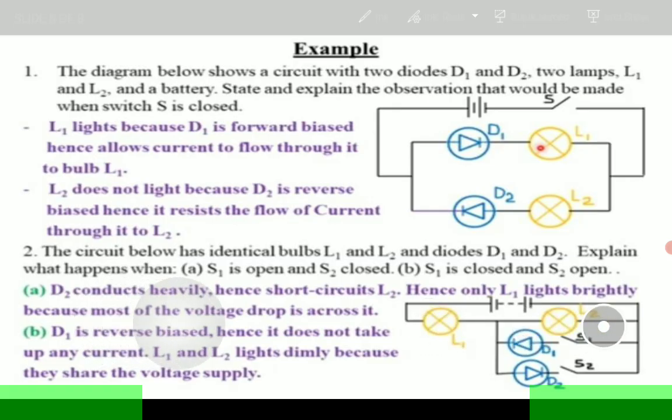So the only part that will have current flowing is the upper part, and remember these are in series, so bulbs connected in series will simply share the voltage supplied, the EMF supplied. You can go through this again and again, and in case you have any questions, don't hesitate to ask.